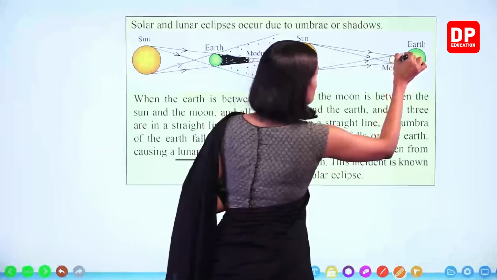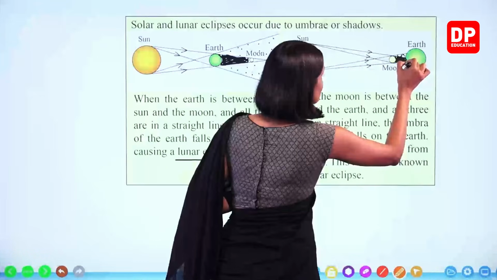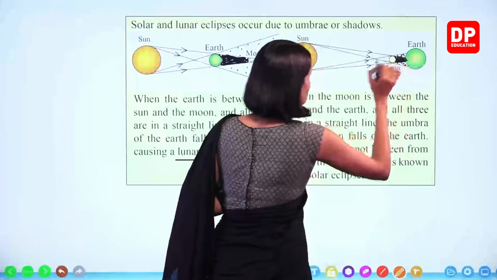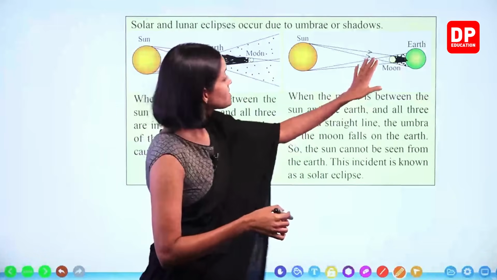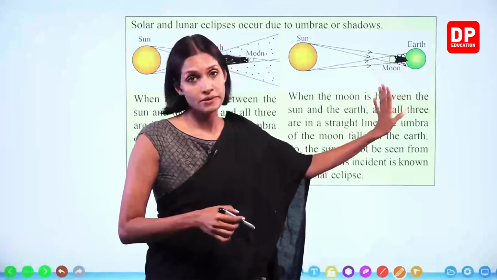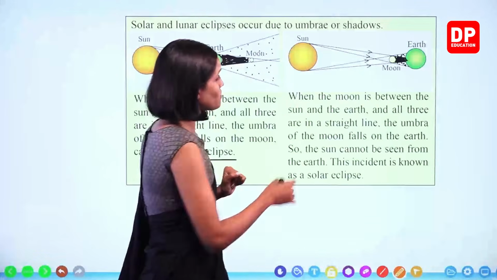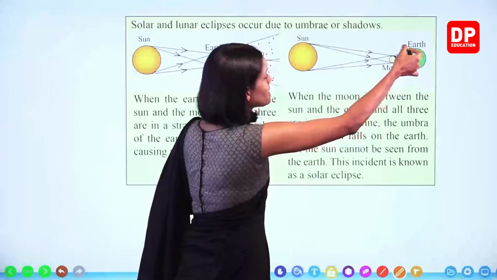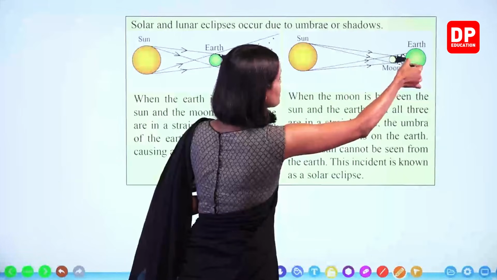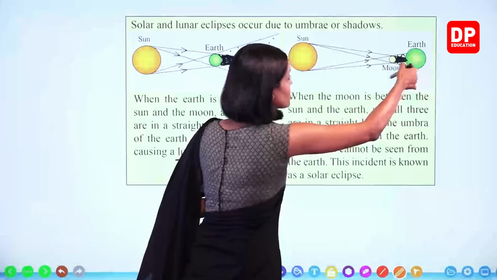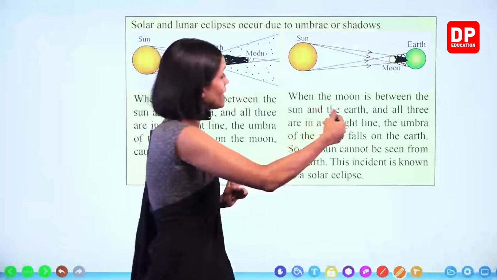What about these parts, children? You all can see this is where the penumbra forms. Therefore, these areas are not totally dark. It gets some amount of sunlight, right, children? But not the entire amount of sunlight. Only some amount of sunlight is obtained here. The other amount is blocked, right?